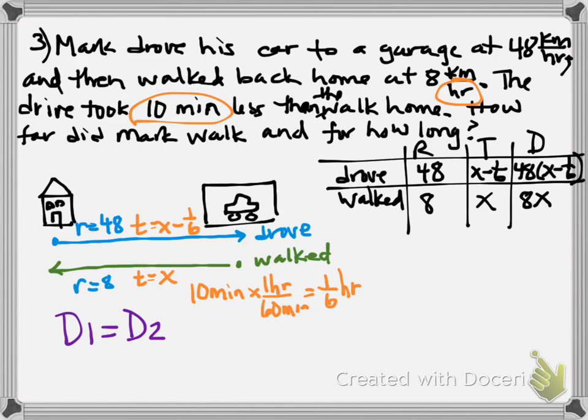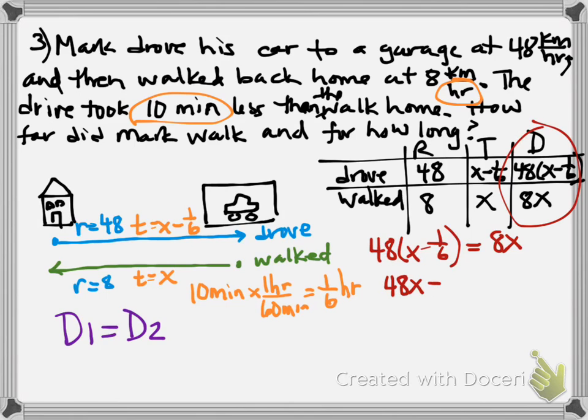According to this picture, we're going to take those guys in the last column, and they're going to create my equation. So the distance of one equals the distance of the other. And so I'm going to distribute to get rid of parentheses, and I get 48 times x is 48x minus 48 times 1/6. 6 goes into 48 8 times evenly, equals 8x.